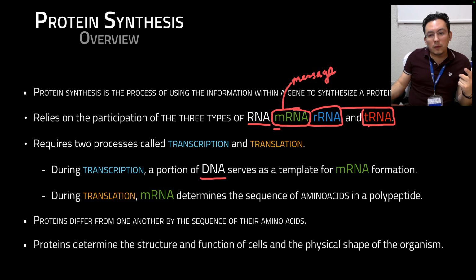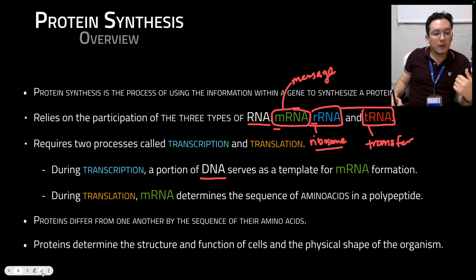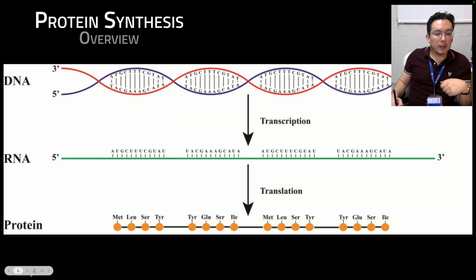T is for transport or transfer of the amino acid from one place to another one. It will be like the ride for the amino acid from one place to the other. And the rRNA, this R stands for ribosome. So this ribosome, or the organelle that is in charge of protein synthesis, will be using a big chunk of this information.